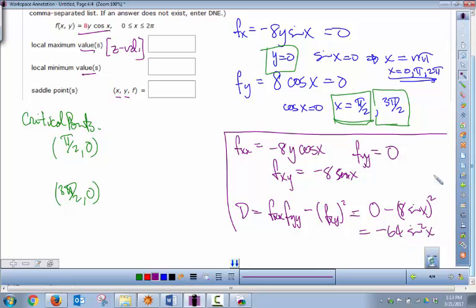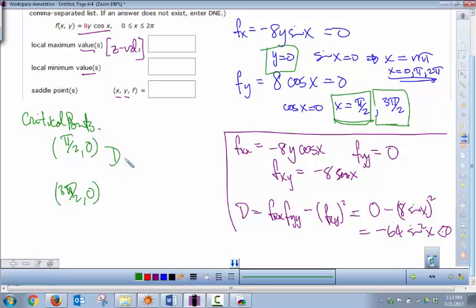Regardless of what I put in for x, it's going to be negative, right? Because sine is going to be squared. So this is always going to be less than 0. We don't even have to put the values in. So whatever value for sine you're getting out is positive, and it's multiplying by a negative.